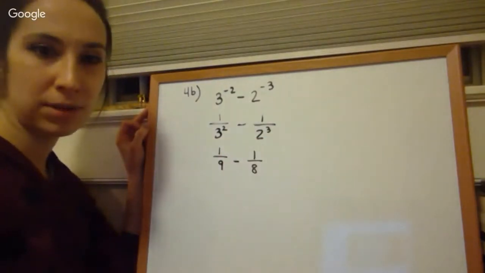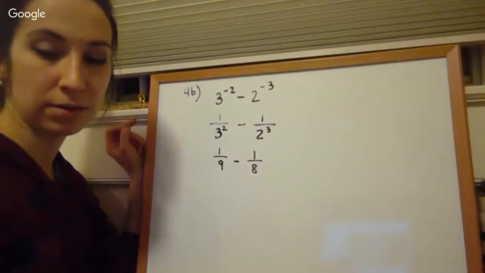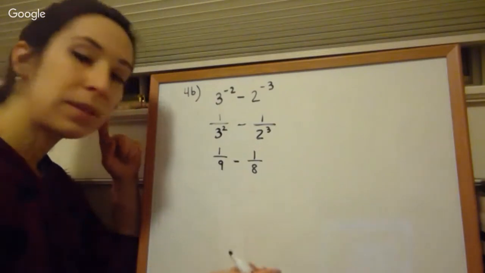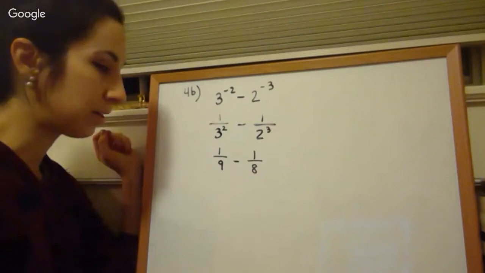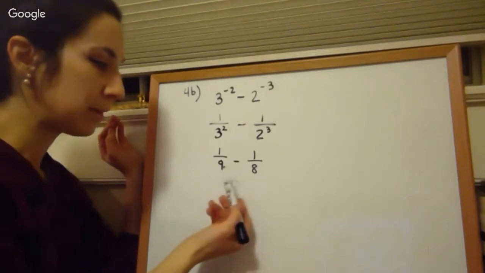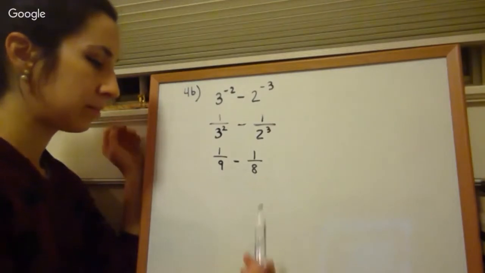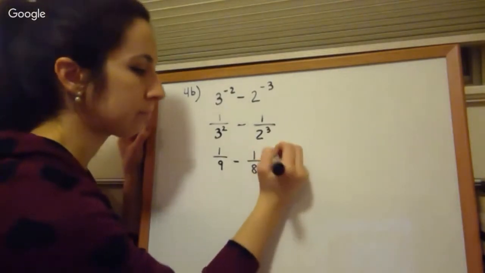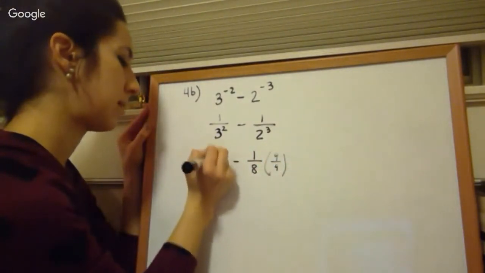So now you need to get common denominators and subtract these two fractions. Okay? Now, 9 and 8 really have nothing in common as far as a common factor. But if you multiply the two of them together, you get 72, and 72 is a multiple. So we can multiply this by 9 on either side and 8 on either side.